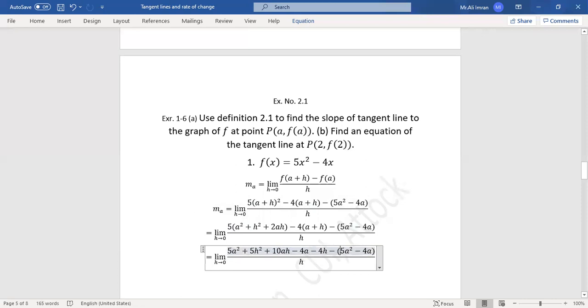If we multiply this minus sign with the values inside, minus 5a square and minus 4a will be converted into plus 4a.